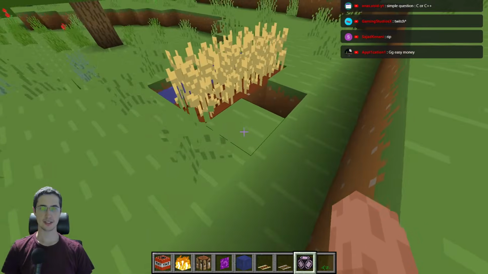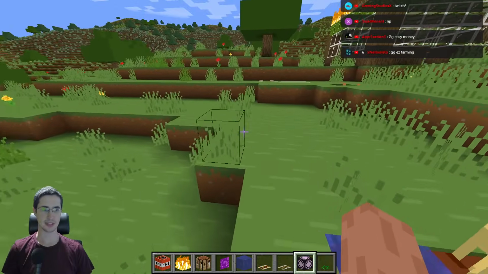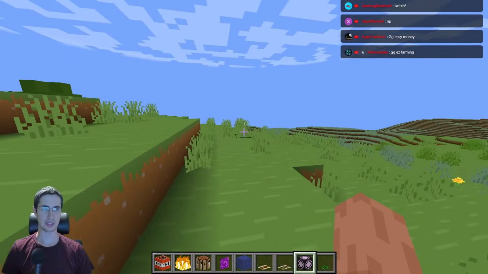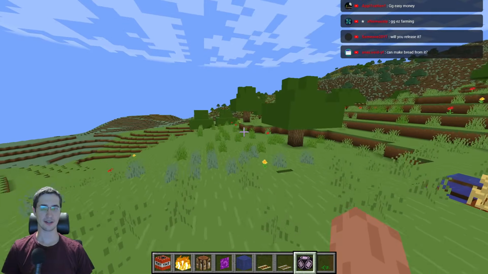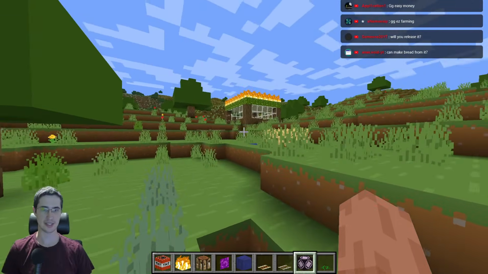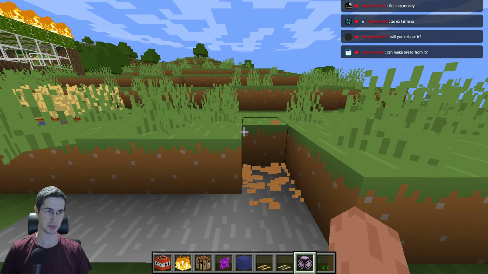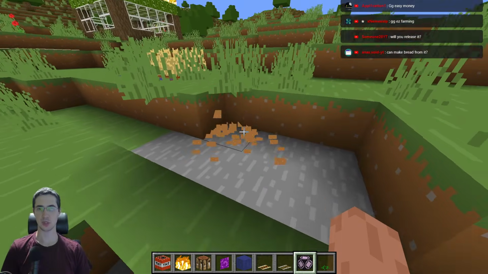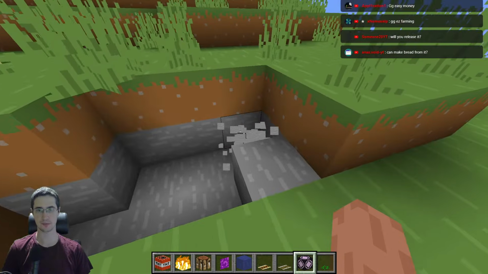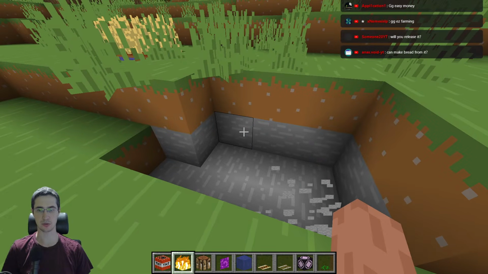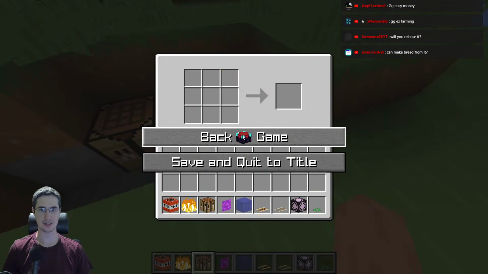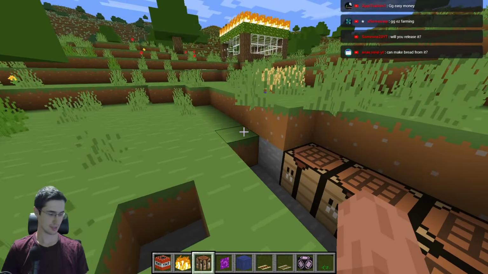So chat decided for us to implement hand animations. If we look at the hand currently, look at how it stays the same. When we break blocks, this is the animation we're talking about. Nothing happens once we break a block, or when we place a block, the hand stays static.